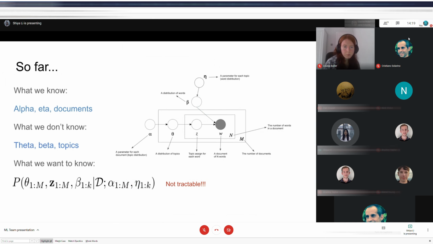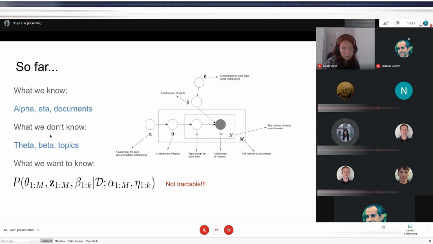Okay, so far I put this graph again, and what we know is we set an initial parameter alpha, we set an initial parameter eta, that's set by ourselves, and we have the input documents. That's what we have so far.